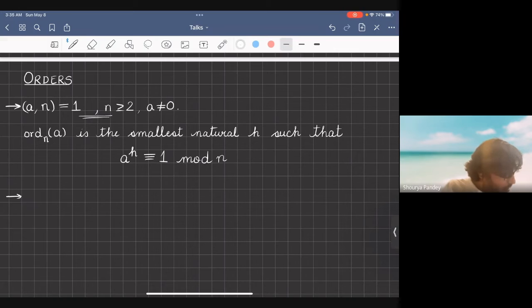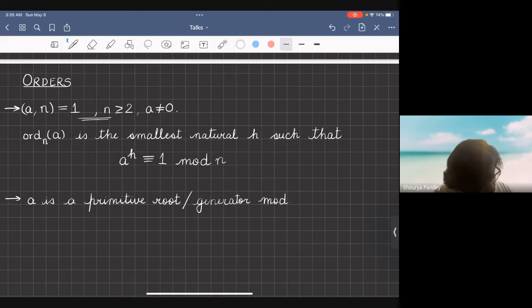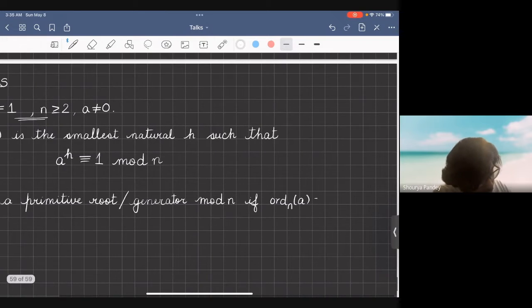So we also said that A is a primitive root mod n, also called a generator, if the order of A is phi of n.